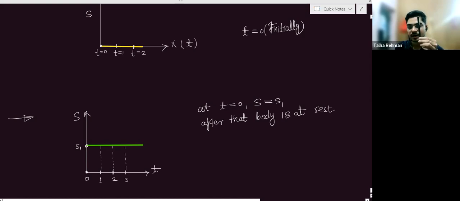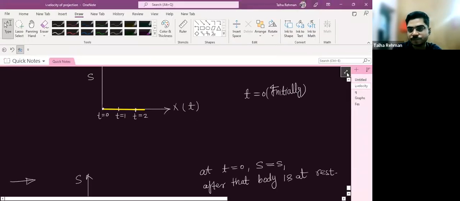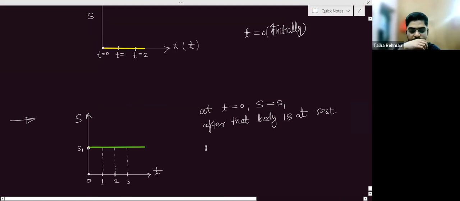For some time this pen has moved from here to here. Now time is changing, but the position of the pen is not changing. This means initially the pen covered some distance, but after some time the pen will be at rest, or you can say attain the condition of rest.